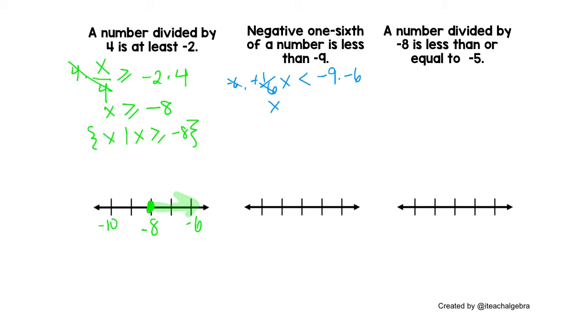We're dividing by a negative, so we're going to flip our inequality in the other direction and have positive 54 on the right. Let's put it in solution set notation. x given that x is greater than 54. Put it on our number line now. It's going to be an empty circle, and our line will be shaded to the right.